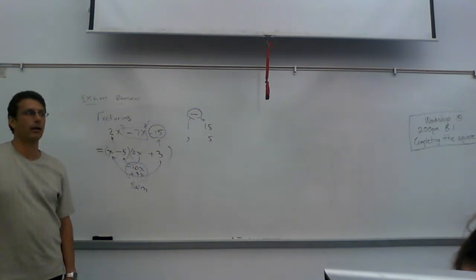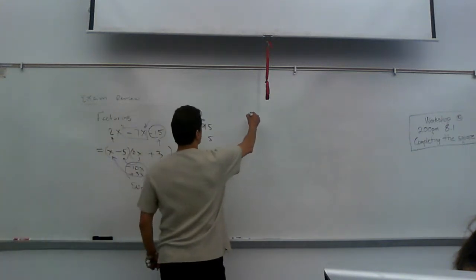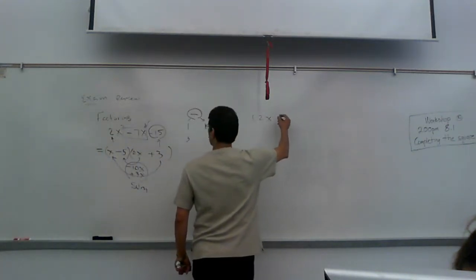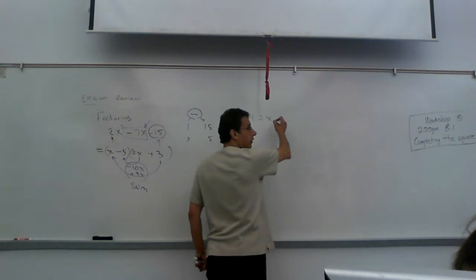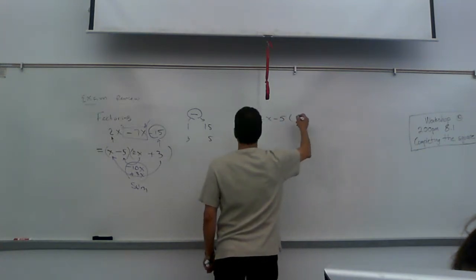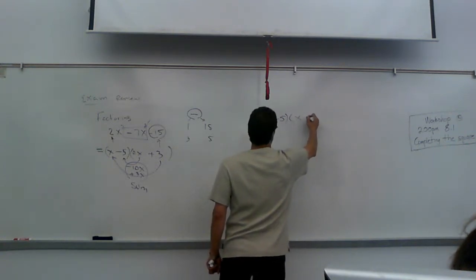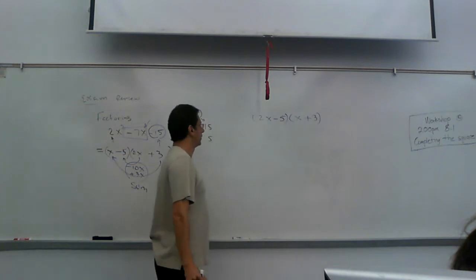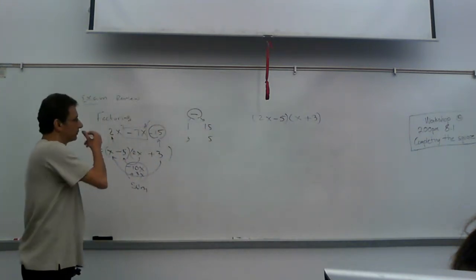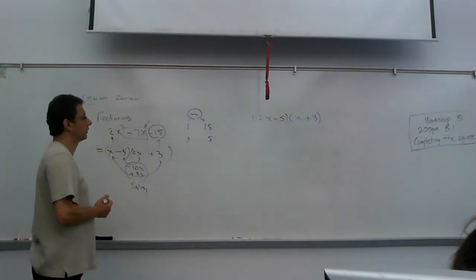Did you switch the 2x and the x around? Like switch them around if you have it backwards like that? Okay, so you mean 2x plus -5, and x plus 3? Yeah. If you had switched the signs.